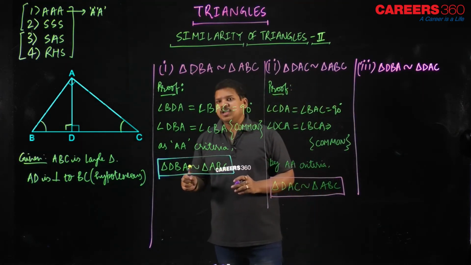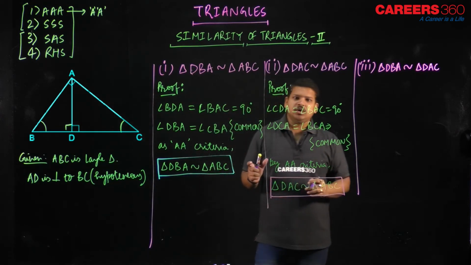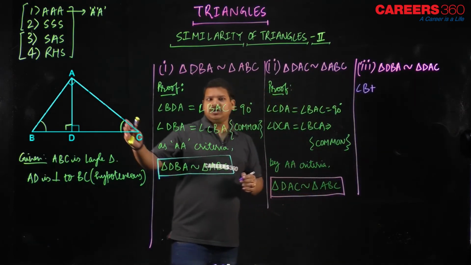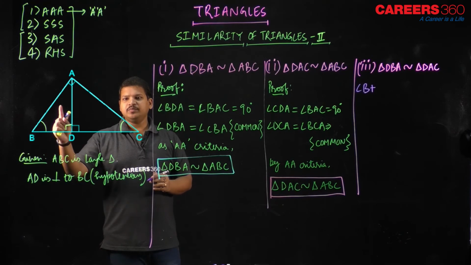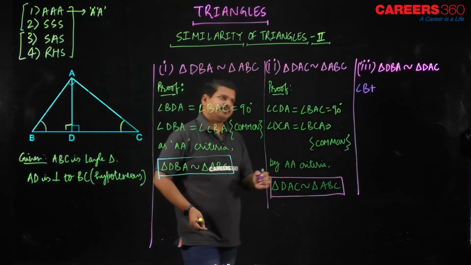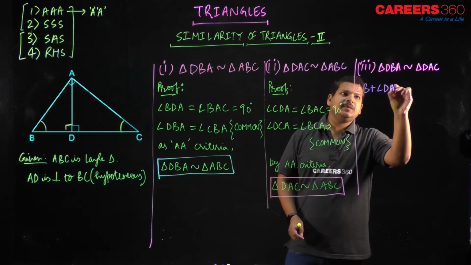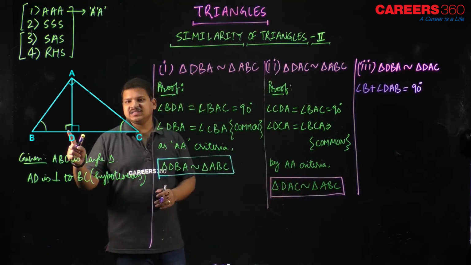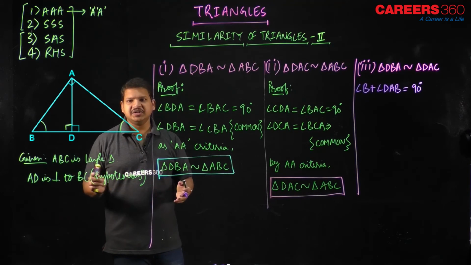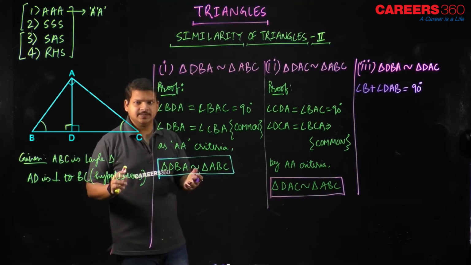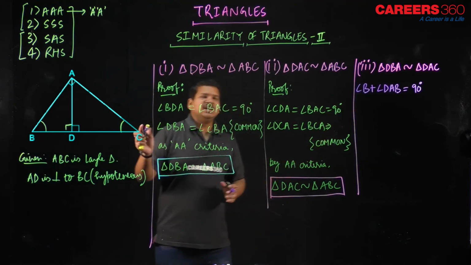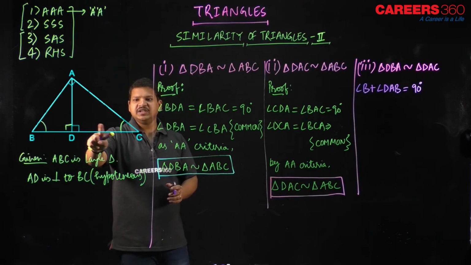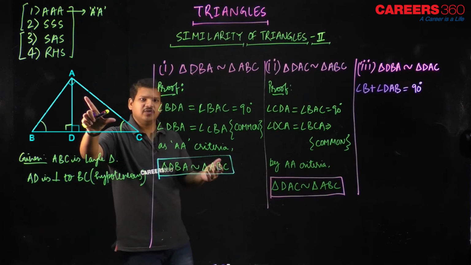Now in triangles DBA and DAC, one thing I can easily observe is that in triangle DBA, angle B plus angle DAB both make a sum of 90 degrees, because the last angle is 90 degrees and the sum of all three angles should be 180 degrees. Similarly, in triangle DAC, this angle is 90 degrees, so these two angles will also make a sum of 90 degrees.